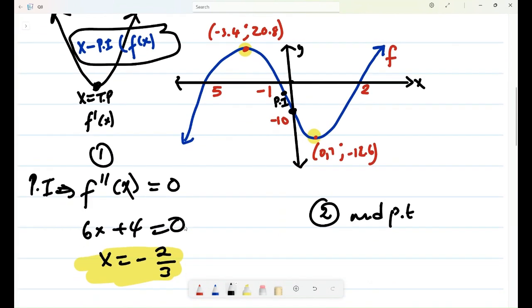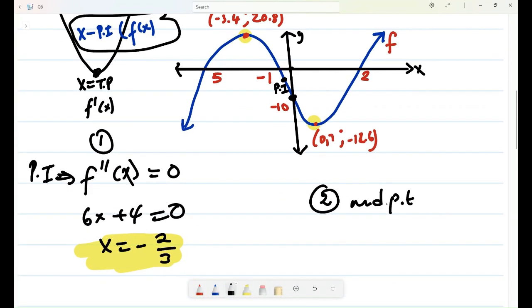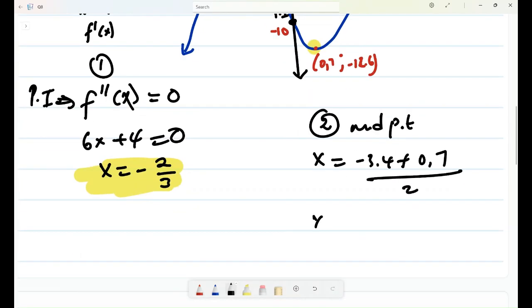Or you can use the midpoint and say that if it is the midpoint, then your x should be equal to this value plus this value divided by 2. Let's see if it gives us the correct answer now. It should.